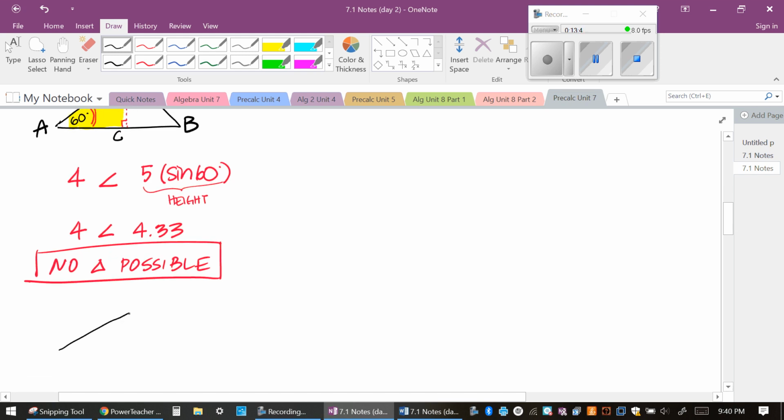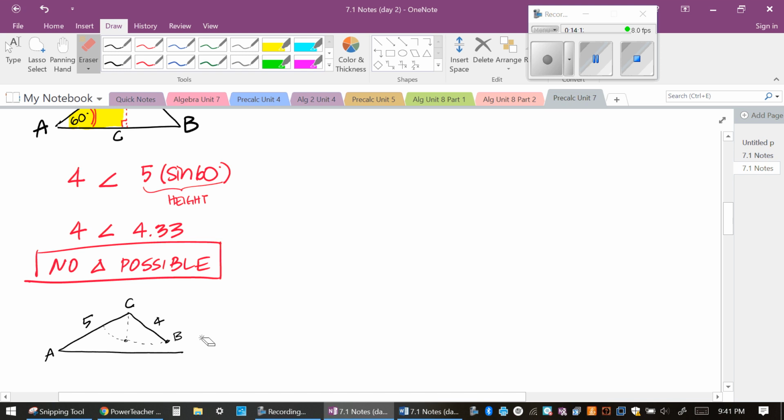If I were to try to do the 5 and the 4, C would actually be bigger, and I wouldn't be able to, so 5, 4, we'll call this A, C, and B. I wouldn't be able to draw a complete triangle because this is what would happen. So even if you would swivel it around, no matter whether you put it here, move it here, rotate it, you'll never be able to connect it. So the length of 4 is just not long enough to create a triangle.